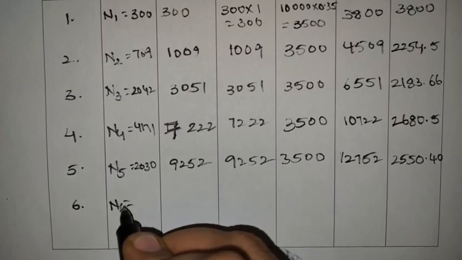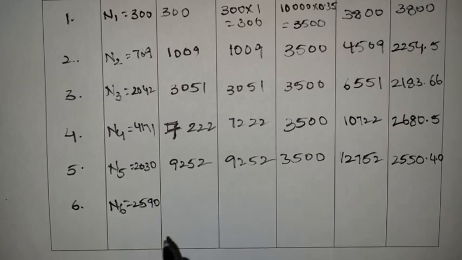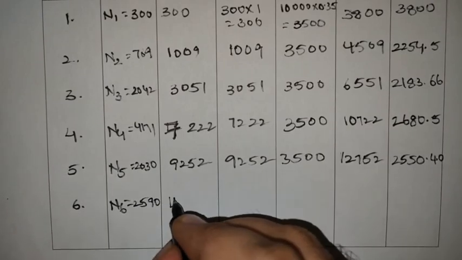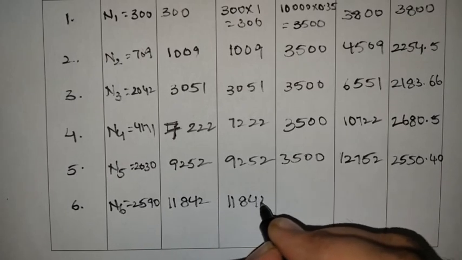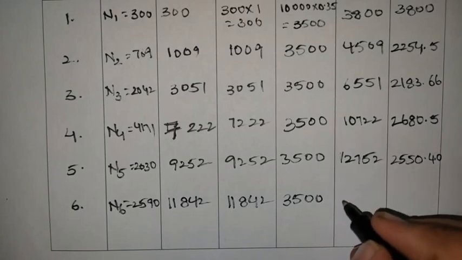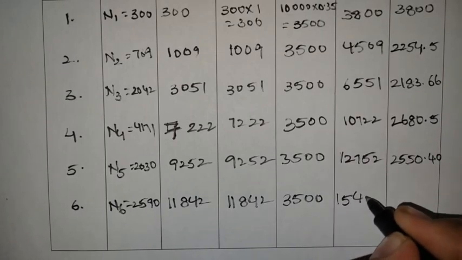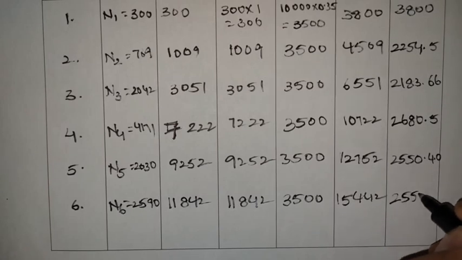Next, in sixth month, N6 is equals to 2,590, total 11,842, individual cost 11,842, group replacement 3,500, total cost 15,442, average cost 2,557.0.